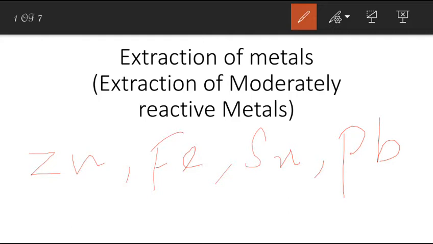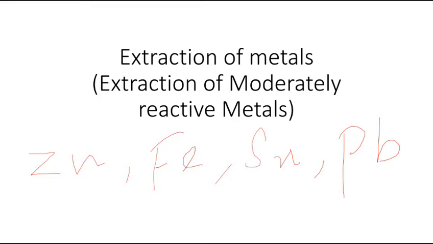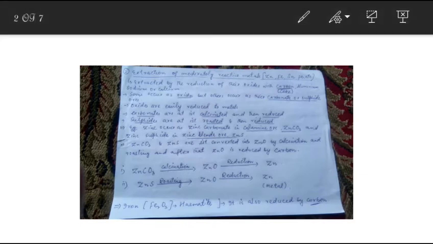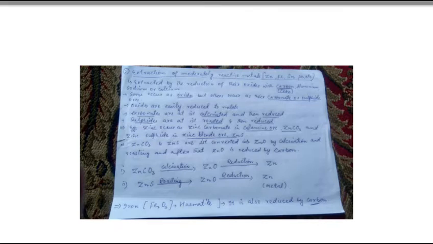Here, calcination and roasting are also needed, but reducing agents are used: carbon in the form of coke, aluminum in the form of aluminum powder, sodium or calcium. These are some reducing agents used in the extraction of metals.